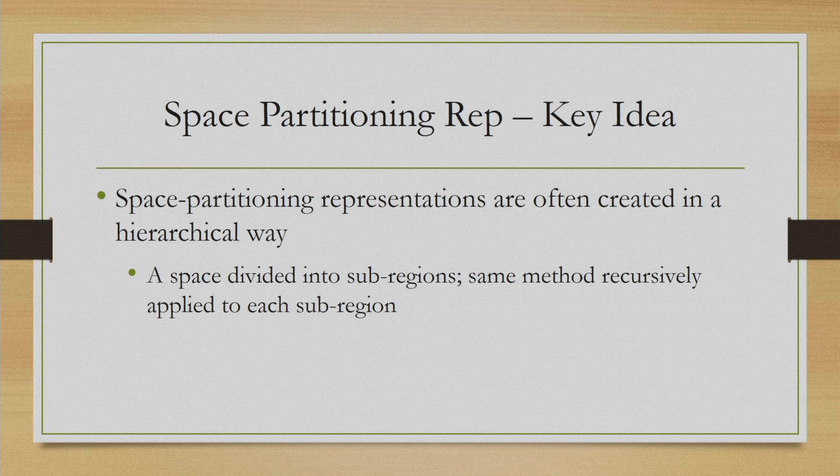And such representations are often created in a hierarchical way. That means, space occupied by the object is divided into subregions, and this division mechanism is applied recursively to each subregion till we arrive at some predefined size of the subregion.